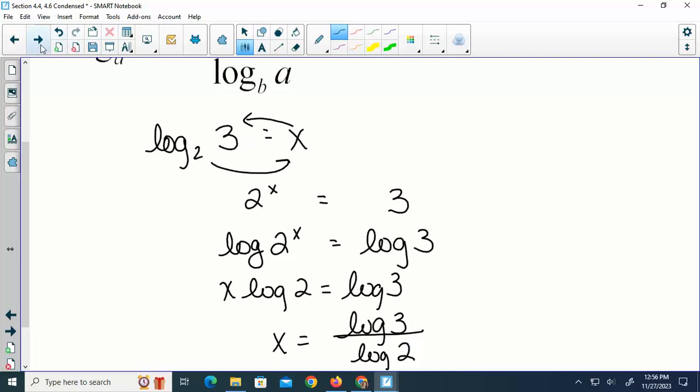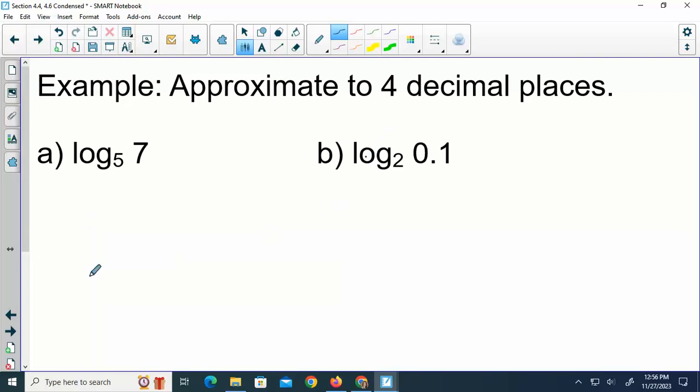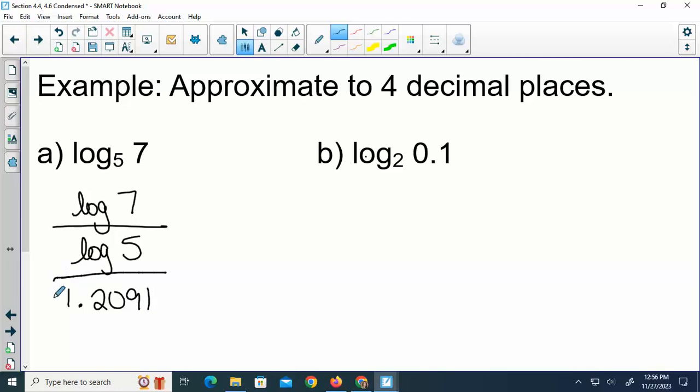So if I said approximate this to 4 decimal places, your work would be to say log of the argument, so that's log of 7, divided by log of the base. Log of the big number divided by log of the small number. And then we type that in. And we have it.